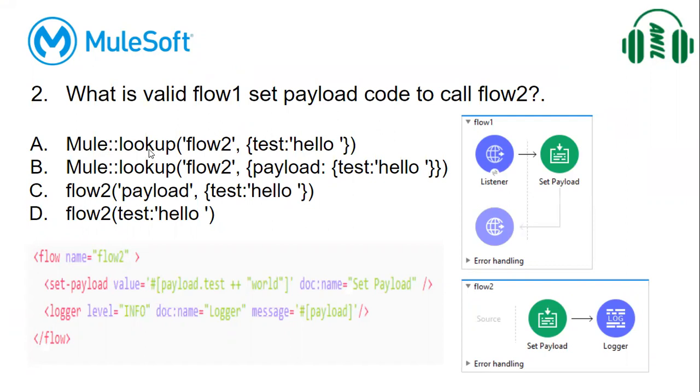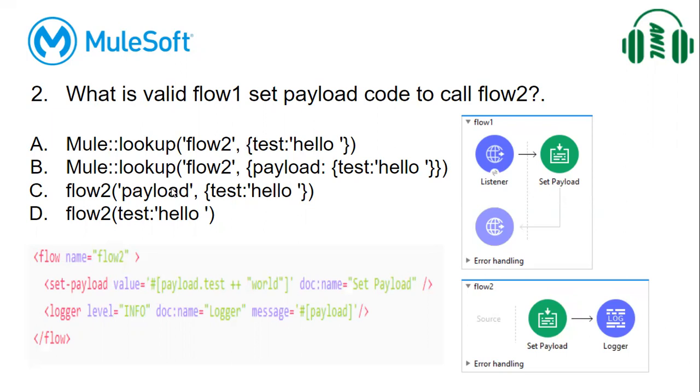And then what is the syntax of lookup? See, Mule, this 4 dots should be there, colon, lookup. We need to give flow name here and then simply payload. But here you can see in option B, everything is same, but here you are mentioning payload, colon, and sending payload. So this is not correct. We can directly send payload.